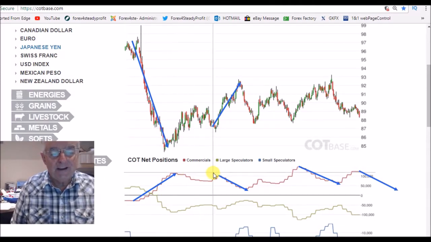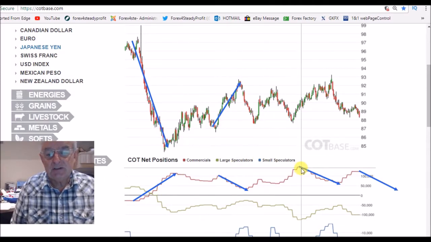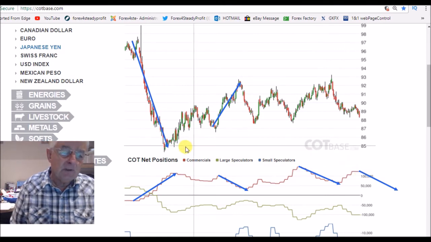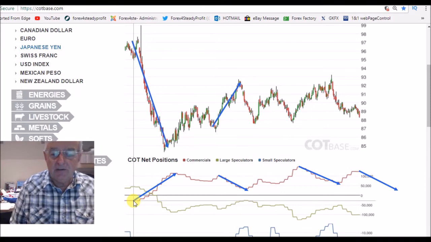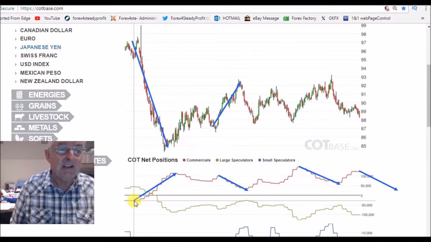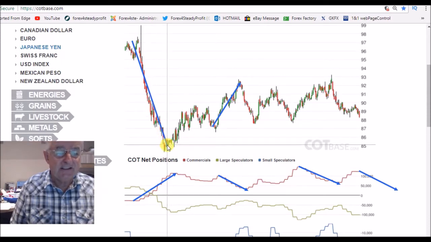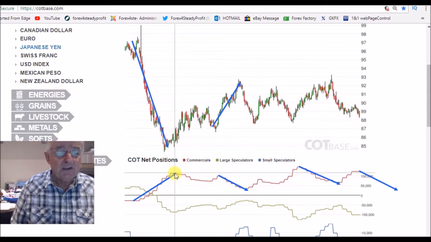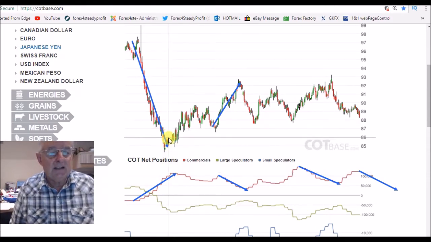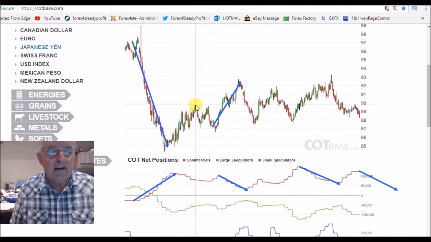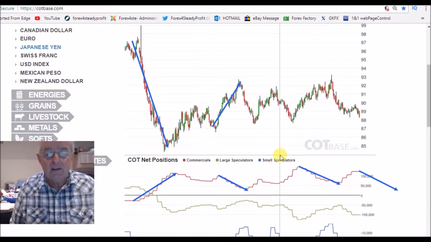What we're looking for is these extreme positions. We had an extreme bearish position on the commitment of traders right at the beginning of the year, and we've seen the Japanese yen sell off. So we've got an extreme long position, and we see the Japanese yen gain strength.